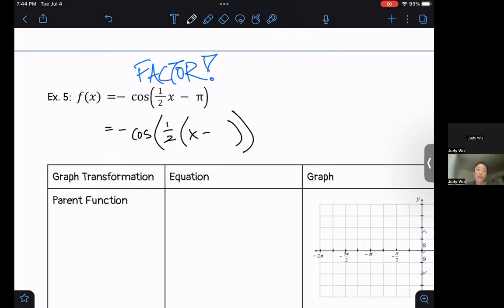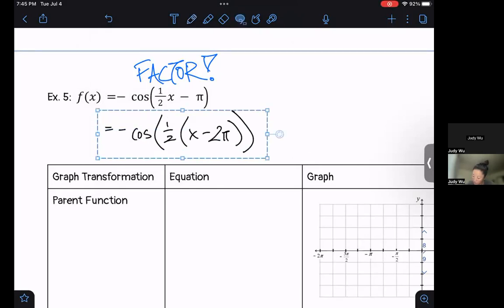Okay. So I got to think about x, or sorry, 1/2 times something gives me pi. Or we can think about it, pi divided by 1/2. And when we divide by 1/2, it's actually the same as multiplying by 2. So we end up with 2 pi, all right?